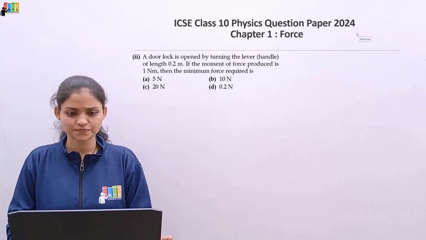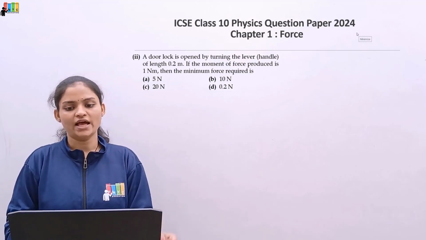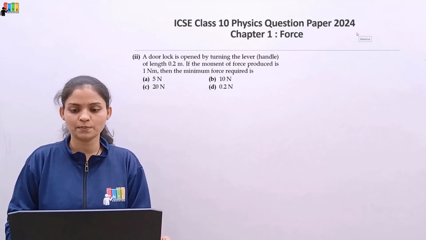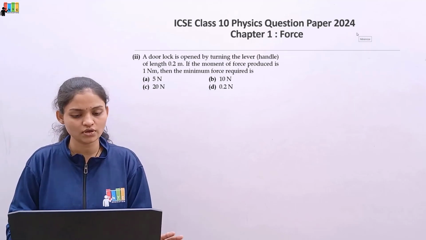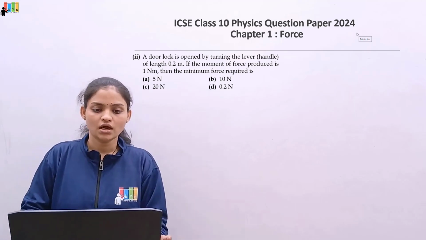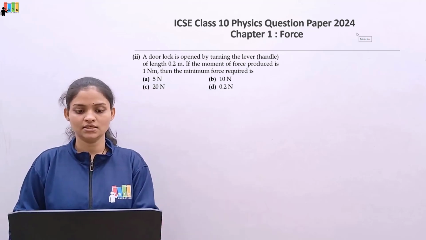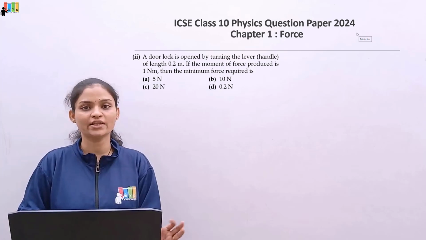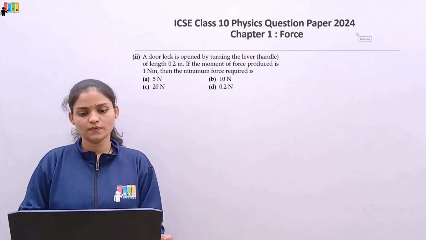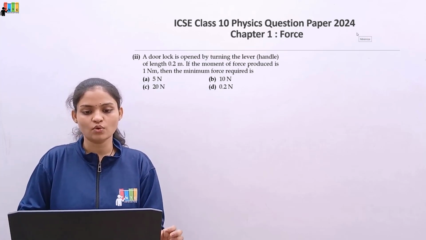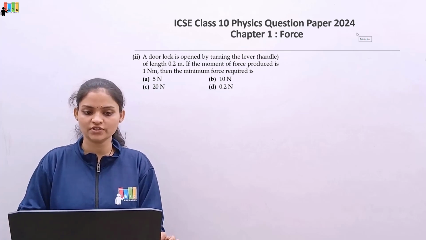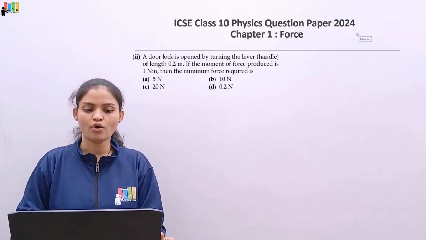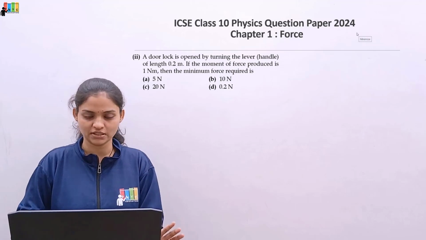Now next, this is the actual board exam paper of 2024. This is a numerical, calculation based question. A door lock is opened by turning the lever or handle of length 0.2 meter.